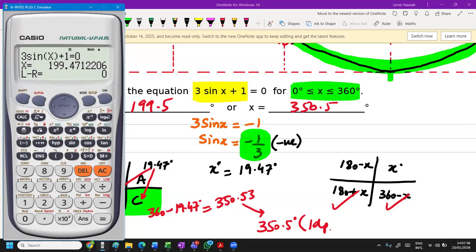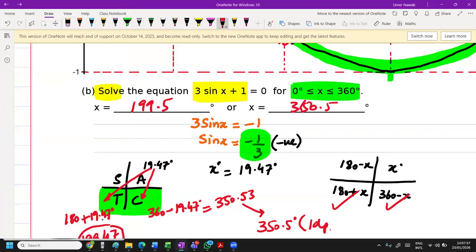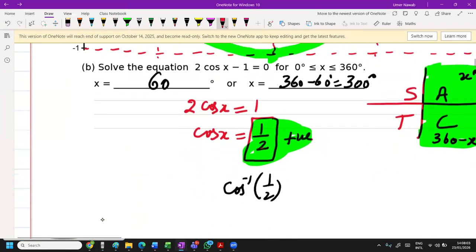My answer is 199.47, accurate to one decimal place, 199.5. Change your guess and write it closer to 350. I write 345 and press the equal sign. It gives me 340.5. So let me correct it: it should have been 340.5. Okay, I got it.